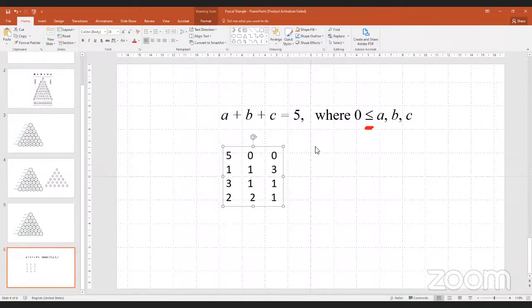Yeah, anybody else? So 10 to the power 3, you mean that for A there are 10 possibilities, for B there are 10, and for C there are 10.